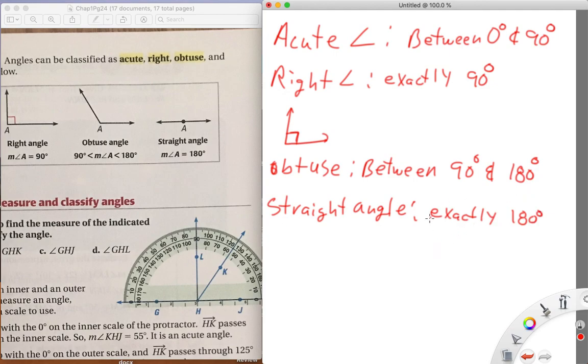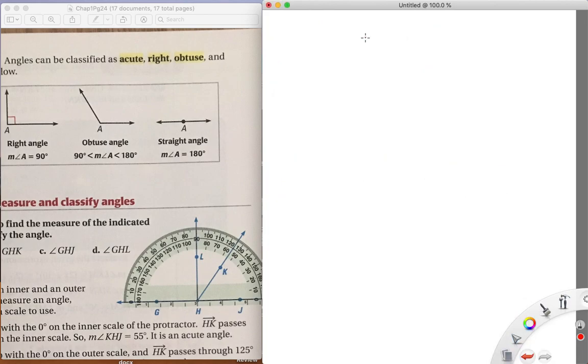So acute is between 0 and 90 degrees, right angle is exactly 90, obtuse is between 90 and 180, and a straight angle or straight line is exactly 180.